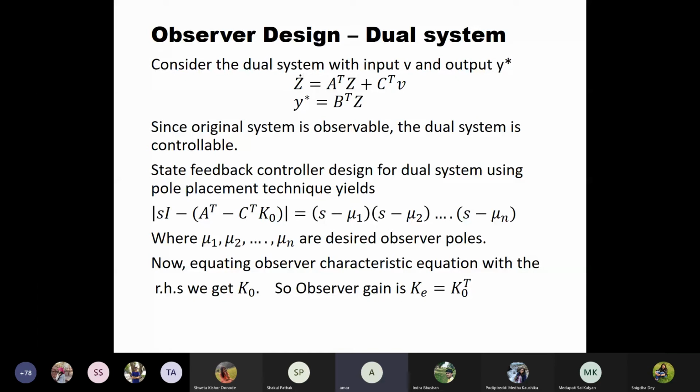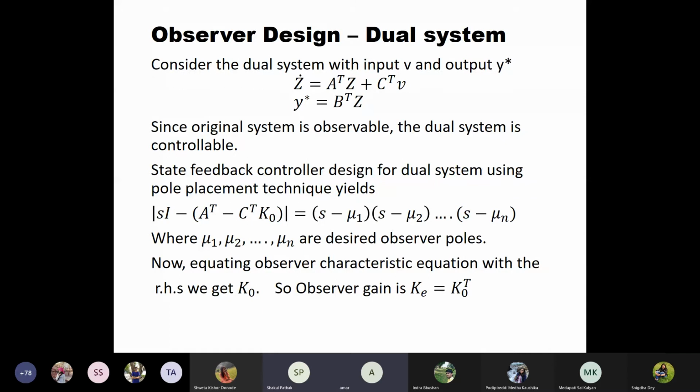So that's why this is basically a dual system. This is a dual system because if you look at the controllability and the observability conditions for the primary system and the dual system, then you will see the controllability matrix of the primary system is same as the observability matrix of the dual system. Similarly, observability matrix of the primary system is same as the controllability matrix of the dual system. Okay.